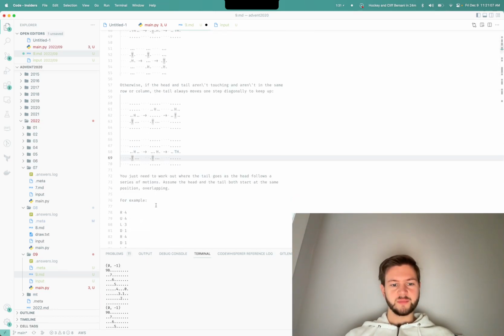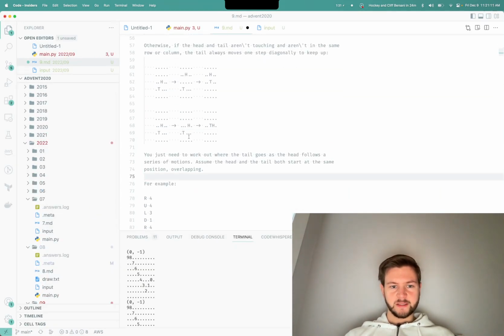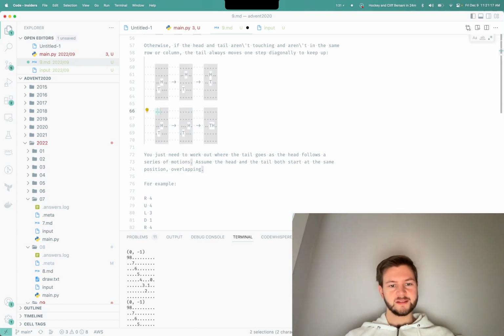So let me maybe zoom in a little bit. The ligatures here are not making this simpler. Maybe I can just replace all of the dots with a space, or maybe we can do an underscore.